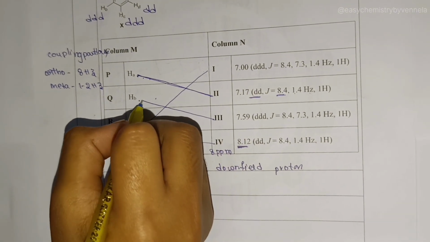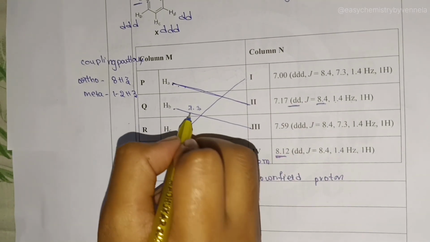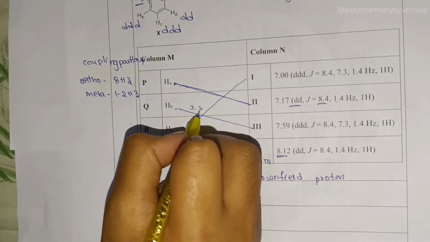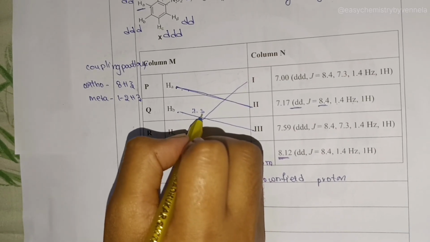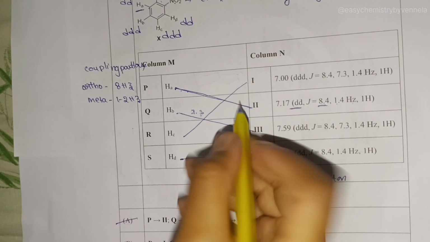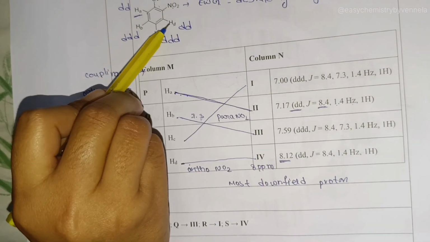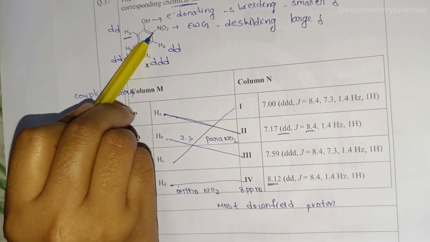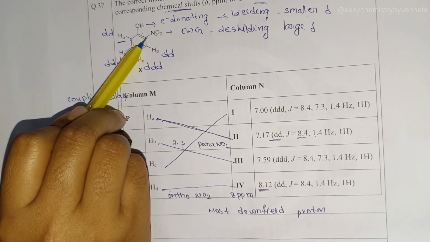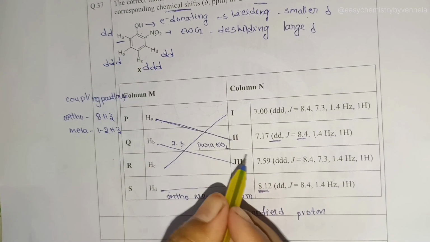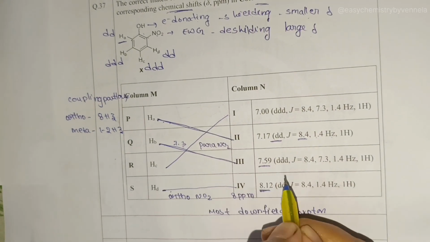Next, in HB, HC is ortho to 7.3. HD is meta to 1.4. So it is doublet of doublet of doublet. Because HB is para to NO2, it is de-shielding and appears more downfield. So this is the correct match.